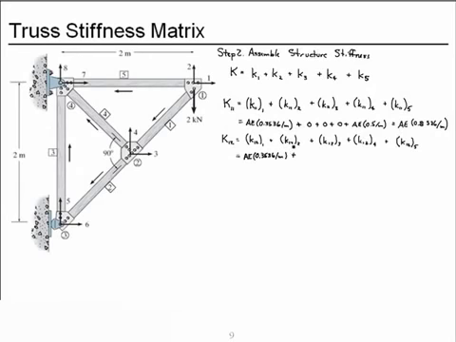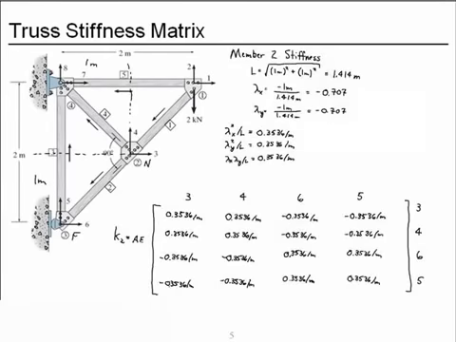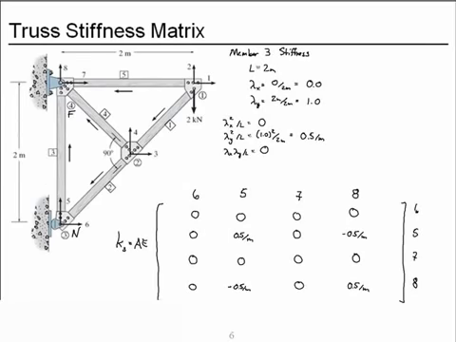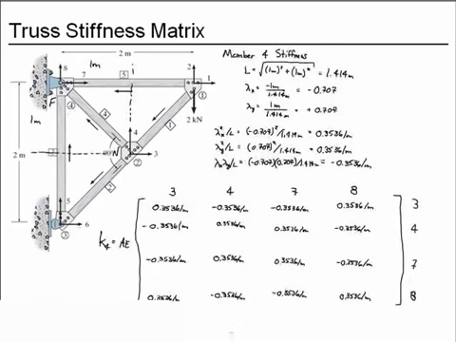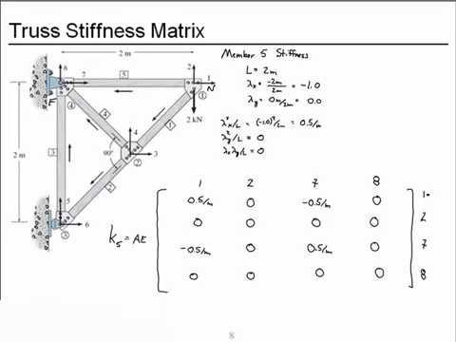Then we'll check that member 2 does not contribute to this coefficient, and it does not, nor does member 3, nor does member 4. Member 5 does have those degrees of freedom, and so row 1, column 2, we want this entry, which happens to be 0.